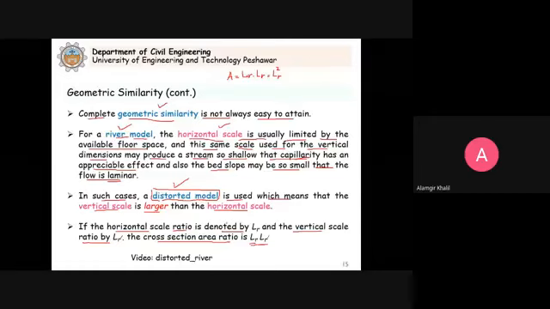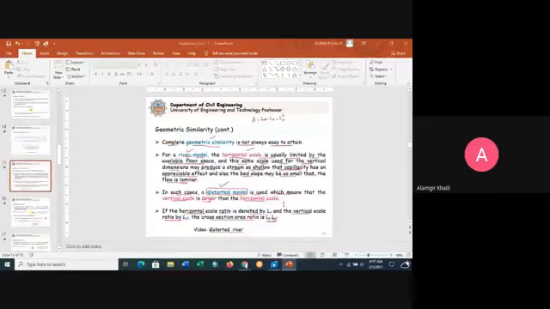Let us see a small video for this. So you can see here a distorted model of a river, and we want to simulate its performance.